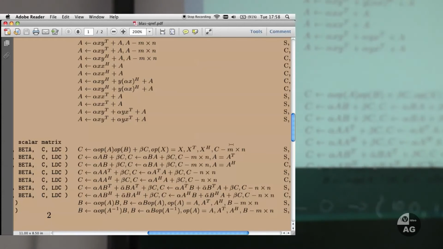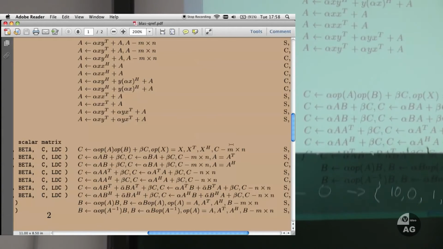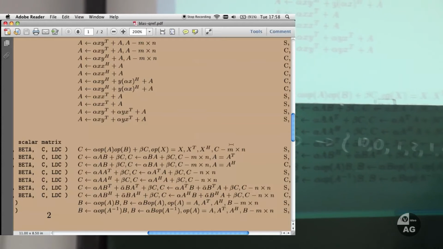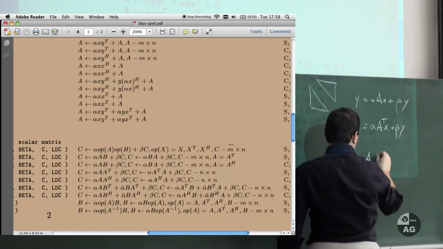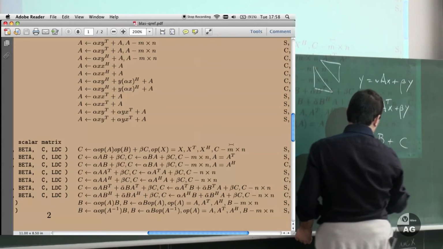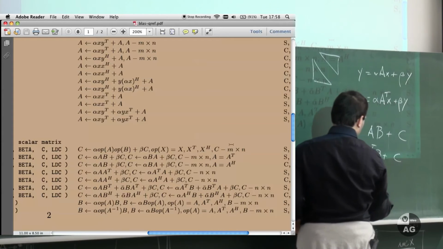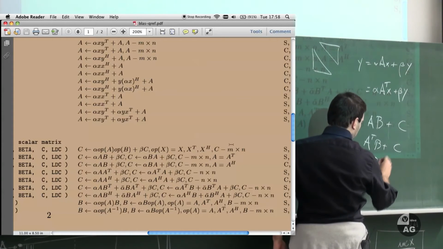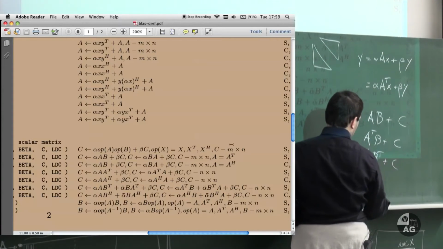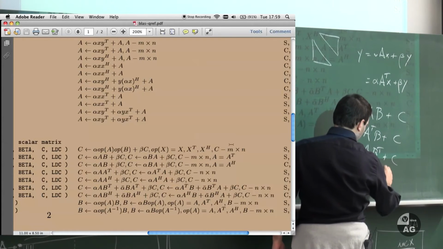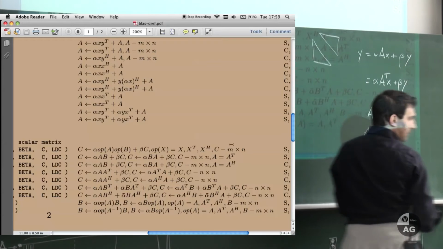So that first routine, GEMM, covers all at once A times B plus C, A transpose B plus C, A B transpose plus C, and A transpose B transpose plus C. Okay?